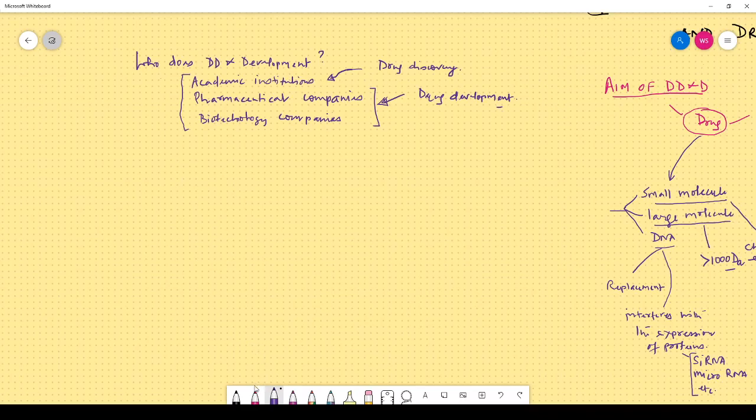So then we have to ask ourselves the question, what is drug discovery? Okay. So all the steps from defining an unmet medical need to finding out a candidate drug.